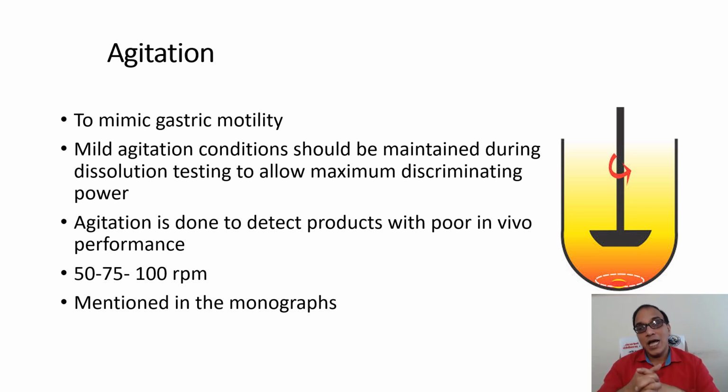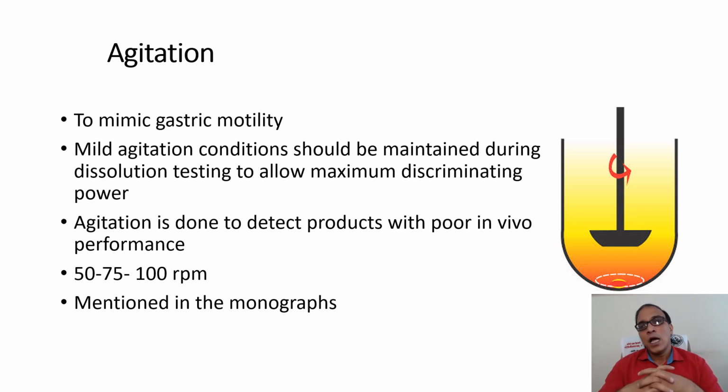You can have the RPM from 50 to 100: 50, 75, 100. You may see in monographs, in most probably SR dosage forms or modified release dosage forms, the agitation is on average 50, while for IR products in general it is 100, and in between, in some cases, 75.